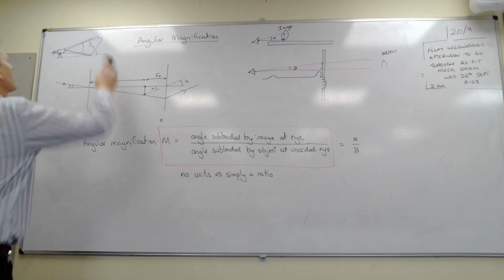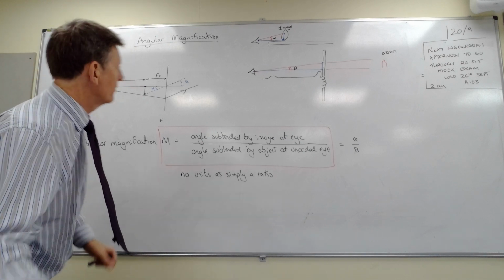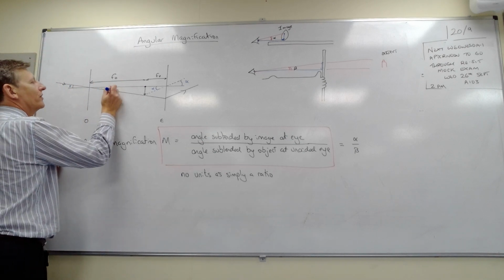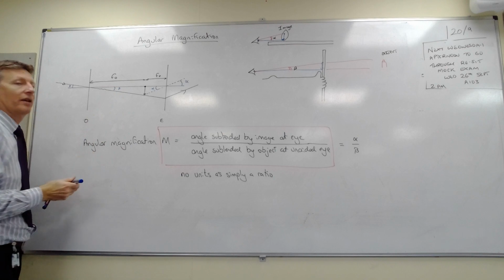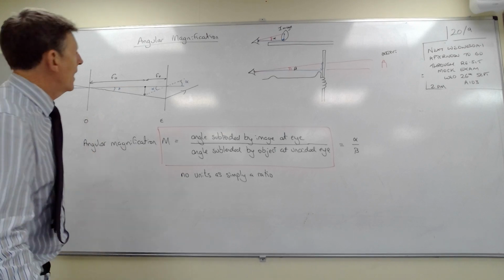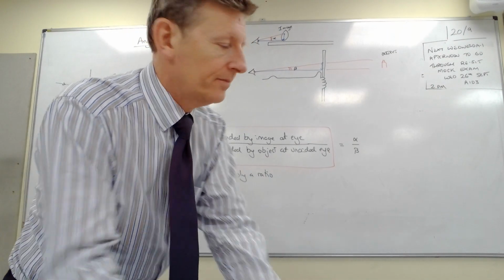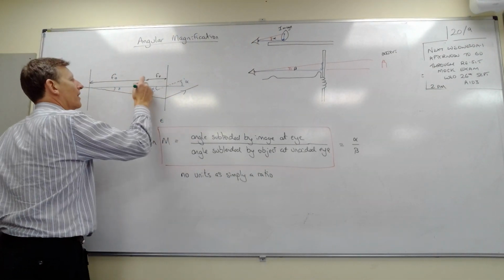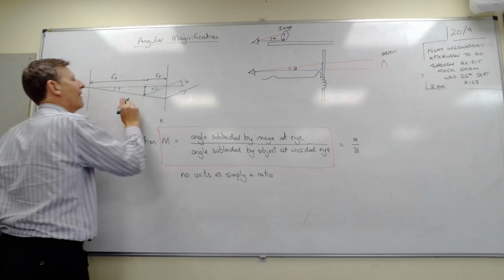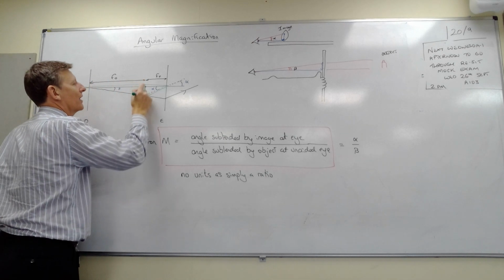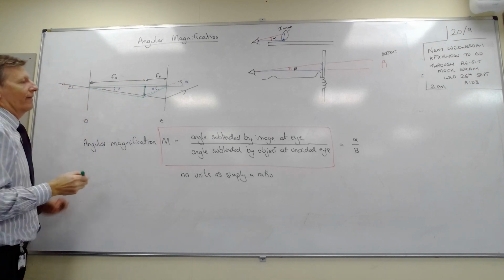So you have this angle beta in there. And what you've got are two right angle triangles. You've got a right angle triangle in there and a right angle triangle in there.